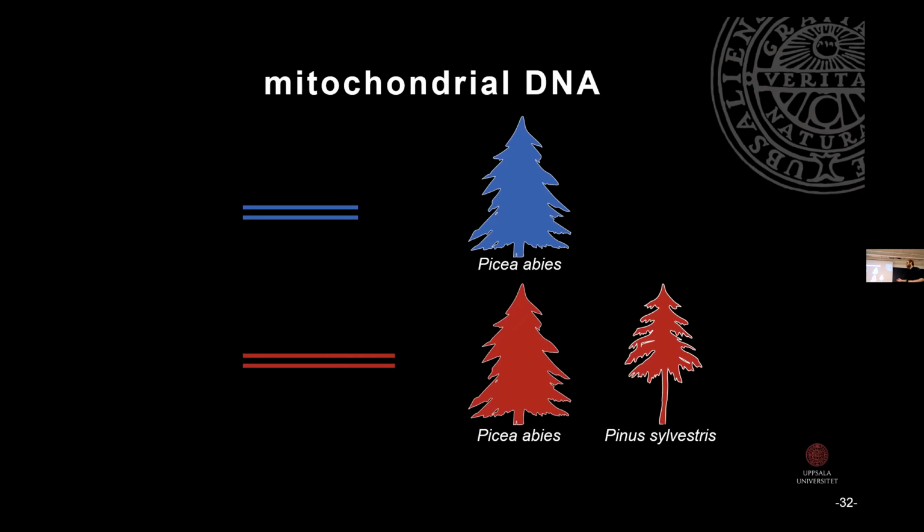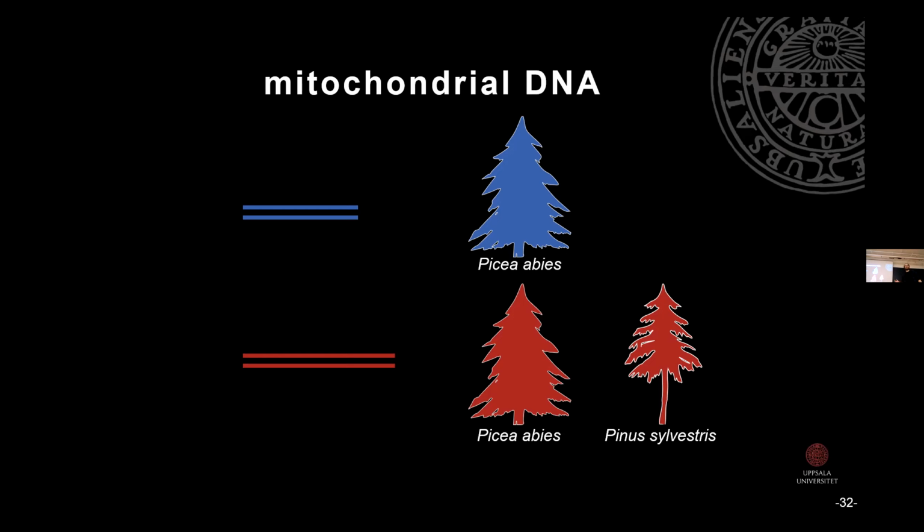And this marker has basically two options. There are only two variants. There's the blue one, which is only present in spruce, and then there is the red one, which is present in spruce, but is also present in pine. So that's why there's a pine symbol over there. So if it's blue, we know for sure it's spruce. If it's red, we know it's spruce or pine. So we can't really distinguish between the two.